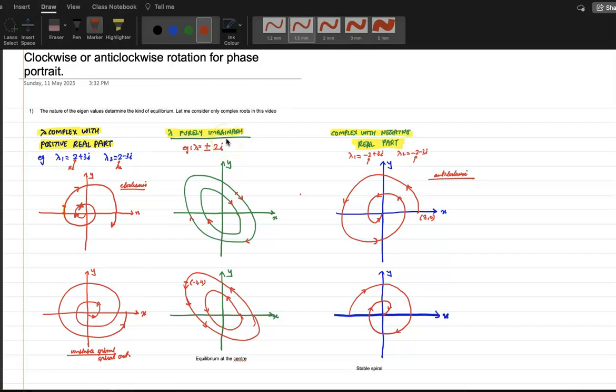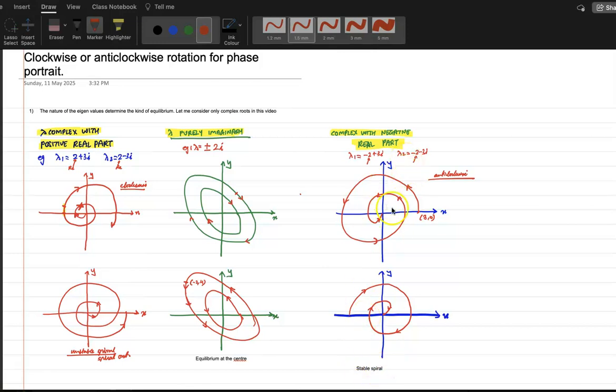If it's purely imaginary, you get equilibrium at the center, and you have to draw ellipses of this sort. Either it will go clockwise or it will go anti-clockwise. How do you decide that? I've shown you that with a couple of examples. If the eigenvalues are complex and the real part is negative, they spiral in.